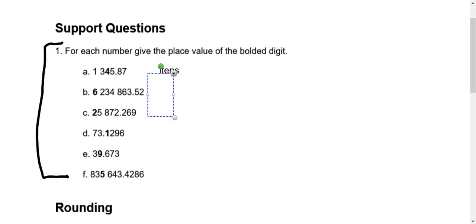This spot is one, two, three. So there's hundreds, thousands, ten thousands, hundred thousands. That's the million spot. So always find the decimal. This one, there's the decimal, then tenths, hundredths, thousandths, ten-thousandths.